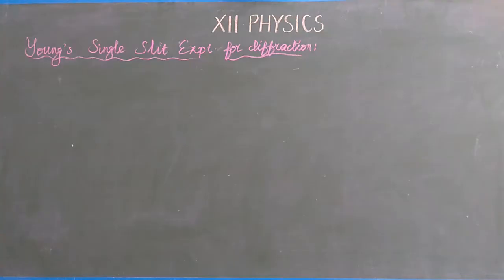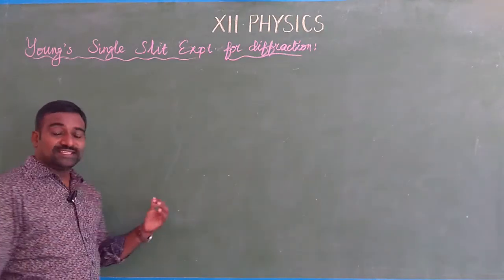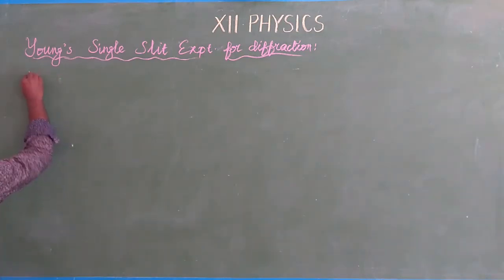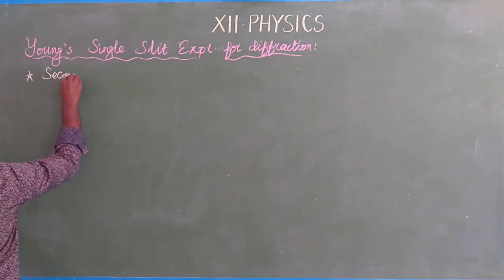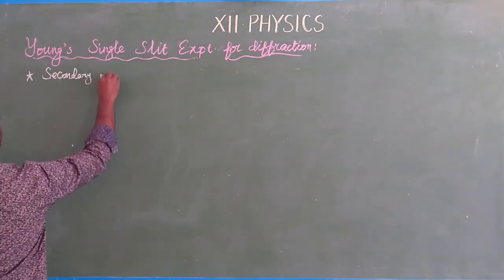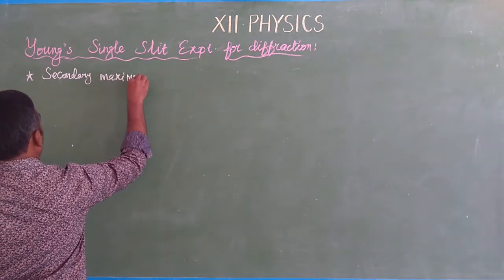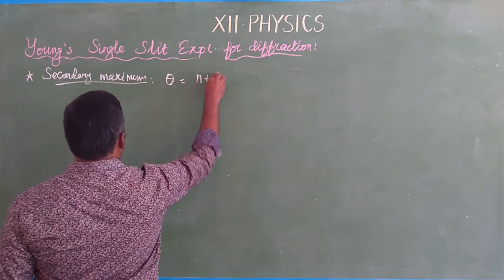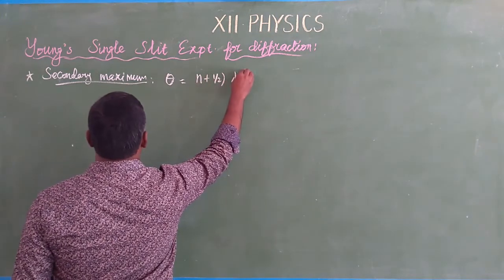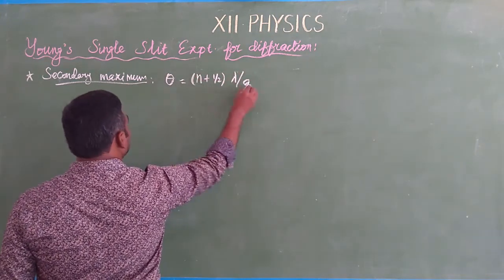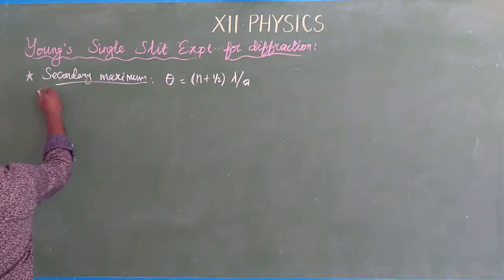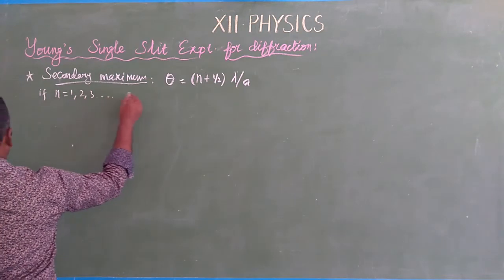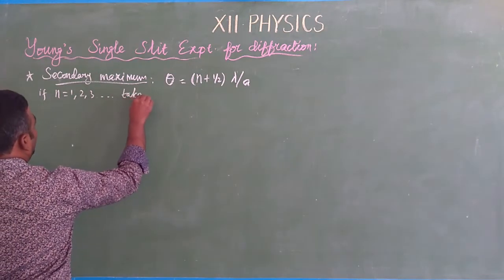We are going to continue. We are going to see the secondary maximum and the secondary minimum. First, secondary maximum. For secondary maximum, already we know theta is equal to n plus 1 by 2 into lambda by a. A is nothing but slit width. If we take n is equal to 1, 2, 3 goes on, but now we are taking n is equal to 1.